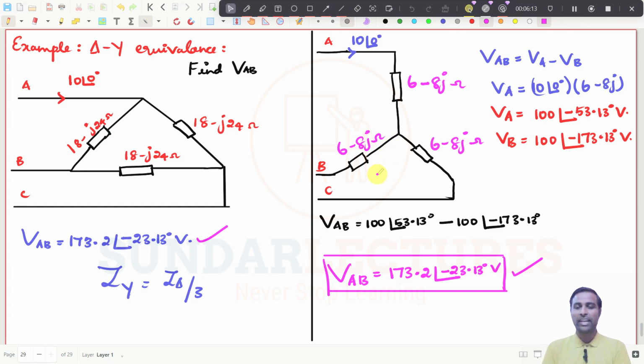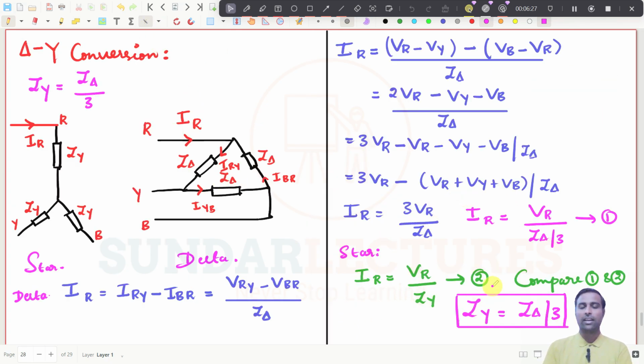Both VAB values are the same, whatever we have between the two lines, we are getting the same voltages. This is the proof that the equation we derived in the star delta equivalence or conversion will always be satisfied.